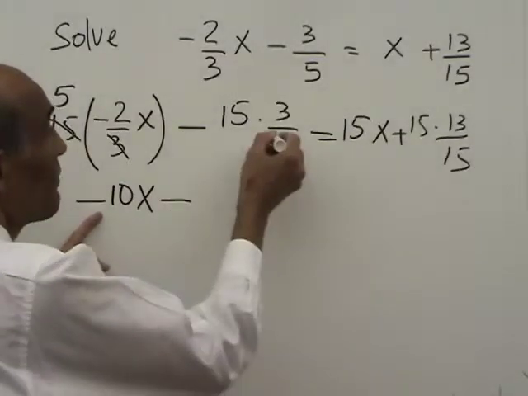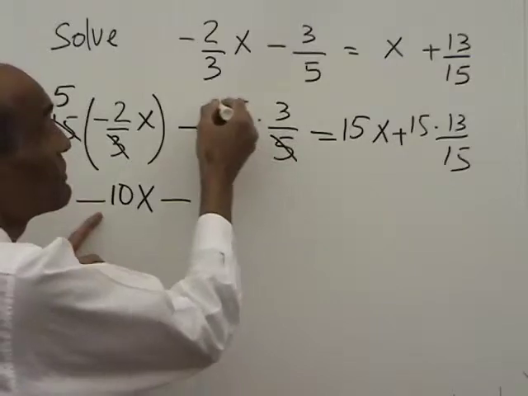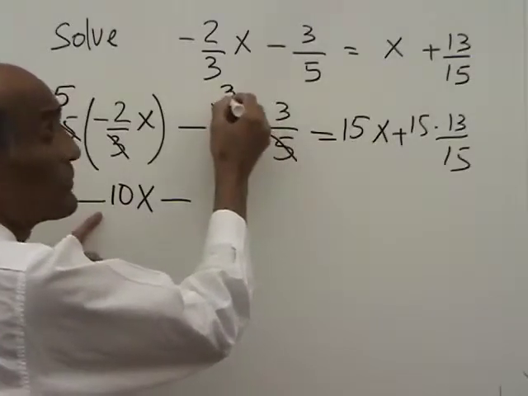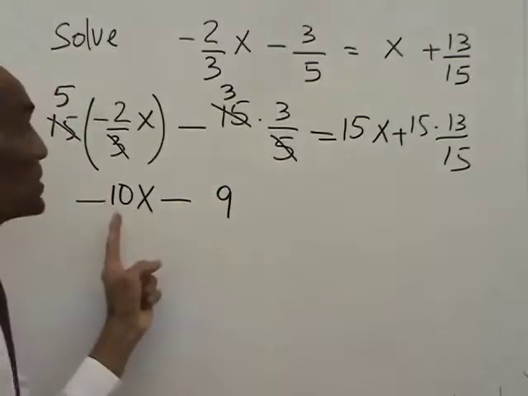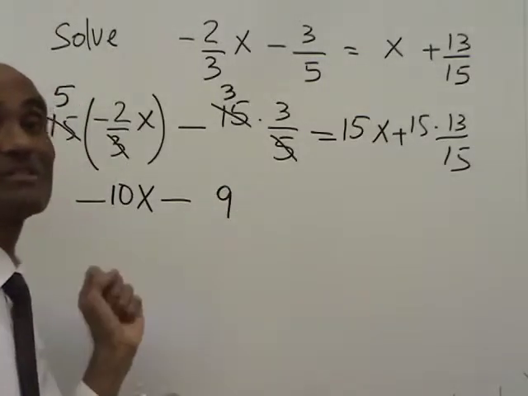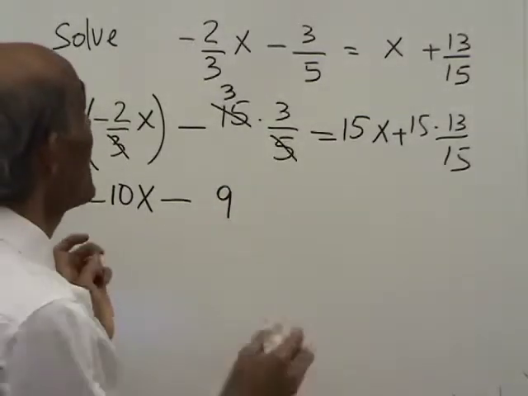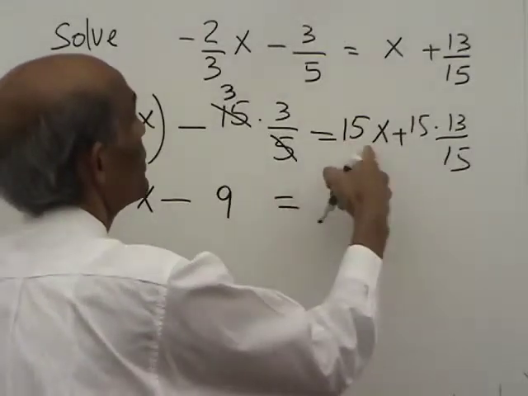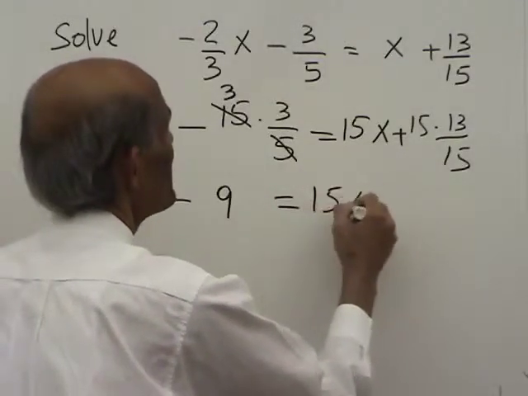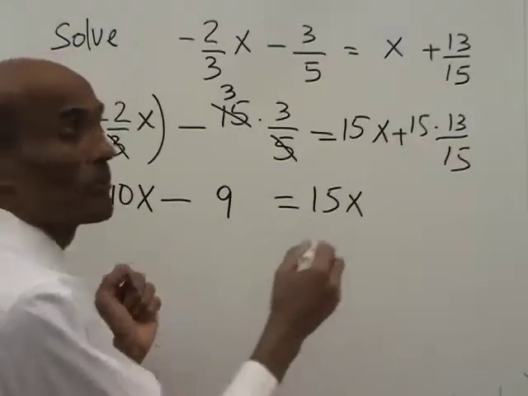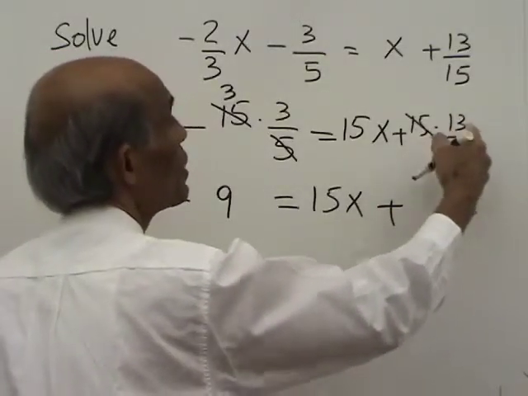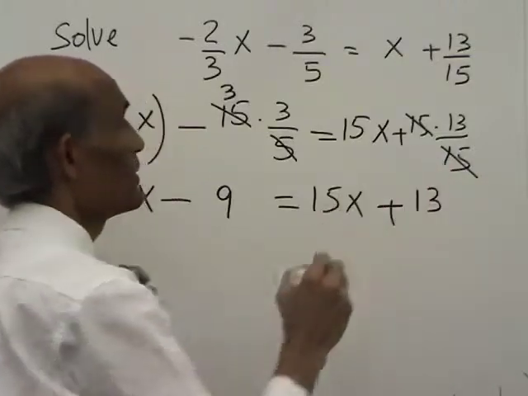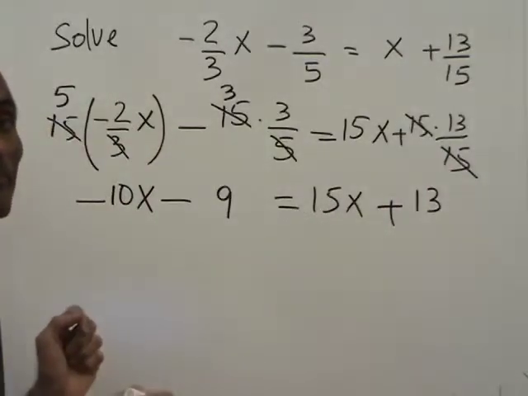Minus, 5 goes in 15 3 times. 3 times 3 is 9. So your left side now is negative 10x minus 9 equal to 15x plus 13, since the 15 and 15 cancel, leaving us with 13.